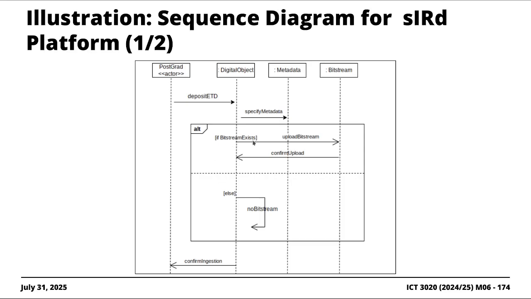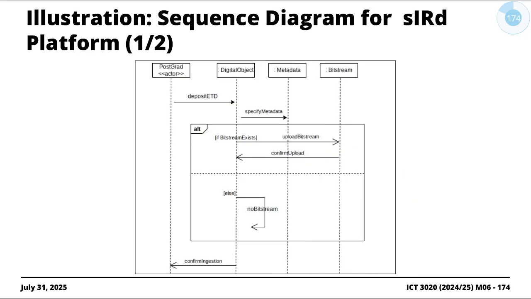If it exists, then we'll upload it, and then we'll have a confirmation of the upload. Else, if the PDF document or Word document does not exist, then what is going to be executed is, after you specify metadata, there's going to be a self message to this digital object to say no bitstream, and then you're done. Alternatives.